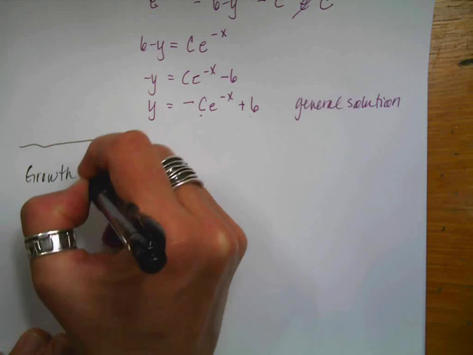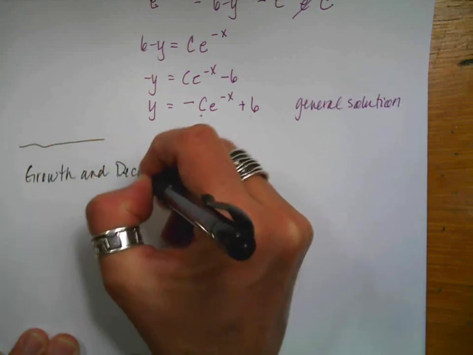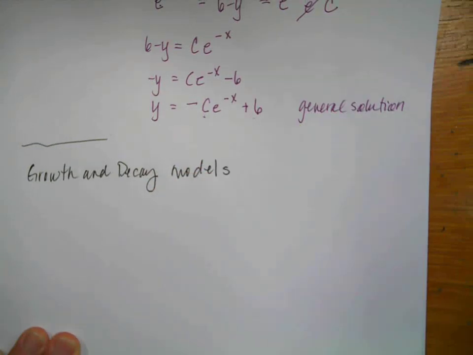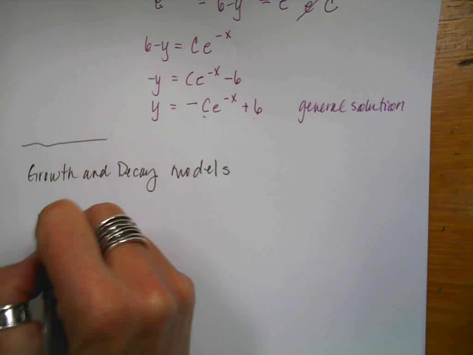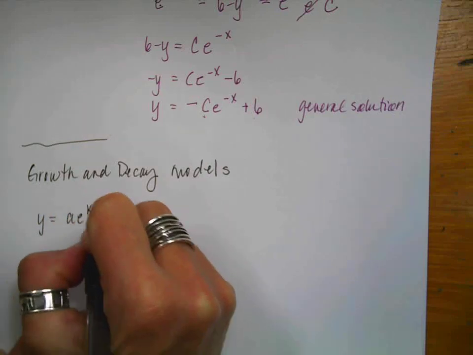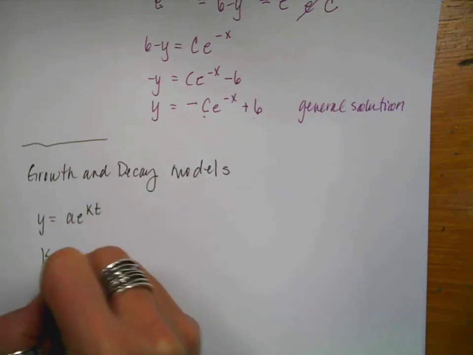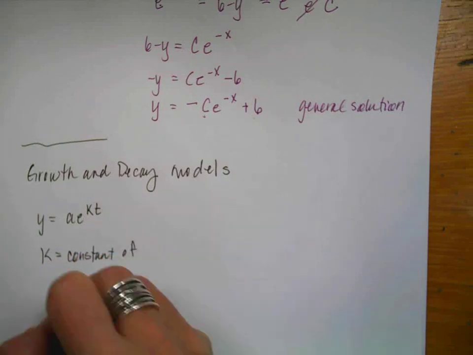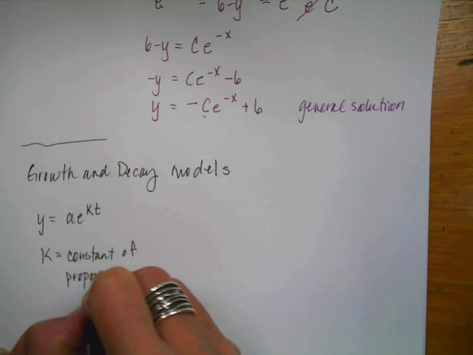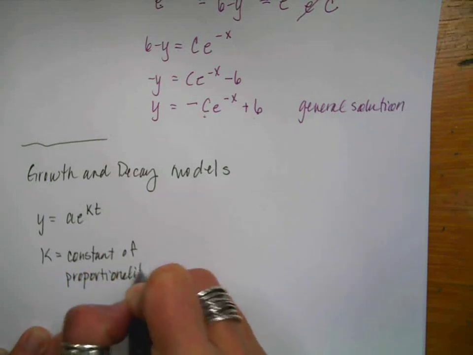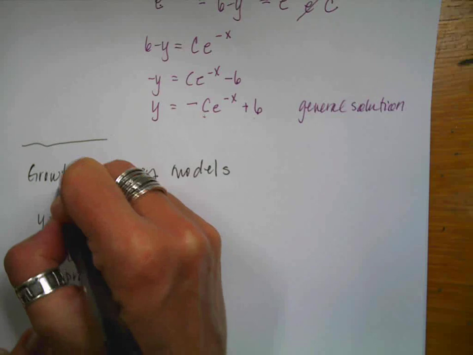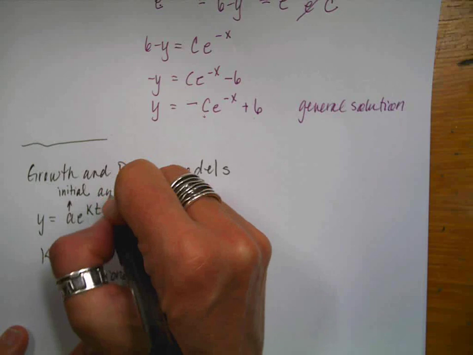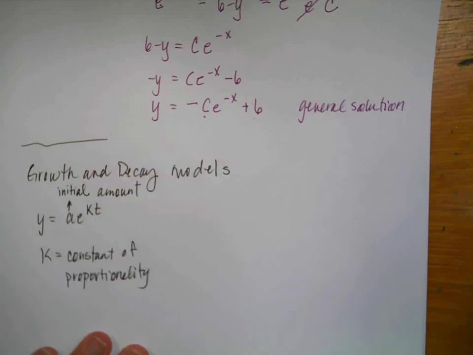So as we talk about growth and decay, in pre-calc we learned that we have y is equal to a e to the kt, and k is the constant of proportionality. That's a long word. A is the initial amount of whatever is growing or decaying.